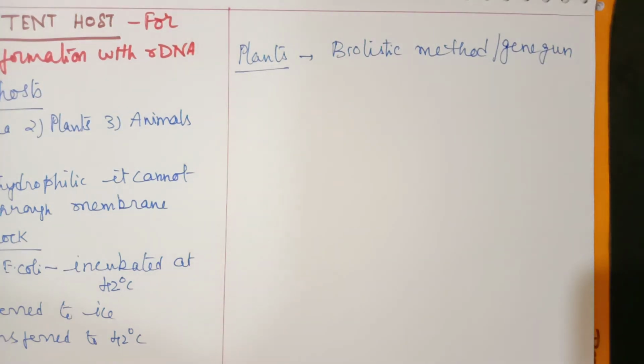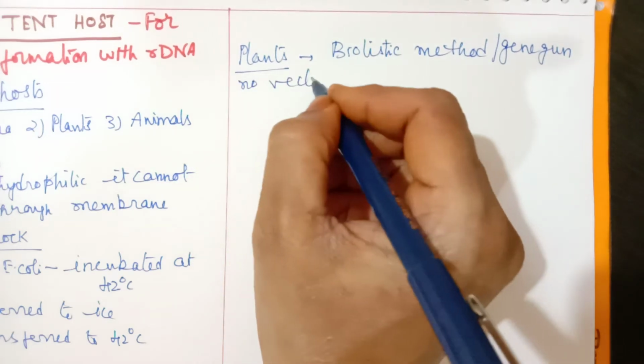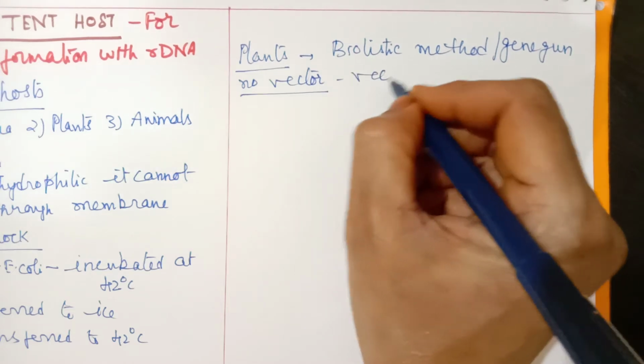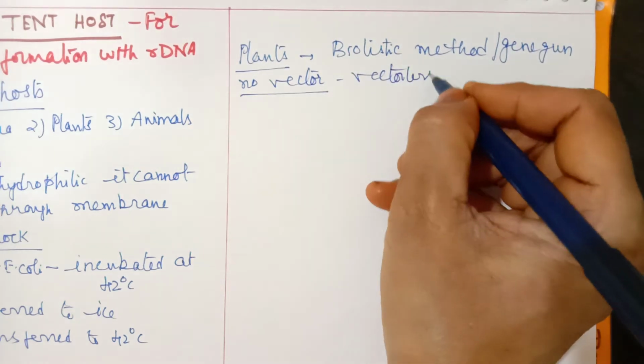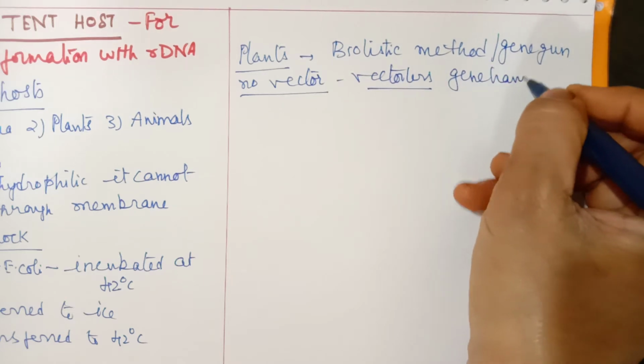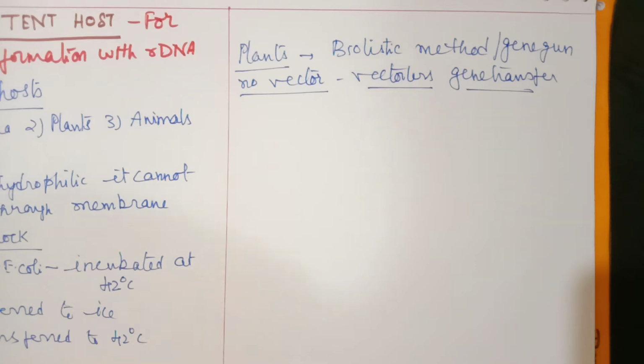In the biolistic method or gene gun method, there is no vector required. It is a vectorless gene transfer. This is a very important term, vectorless gene transfer technique. We call it the biolistic method or gene gun method.